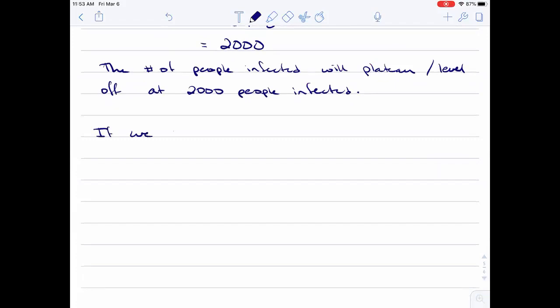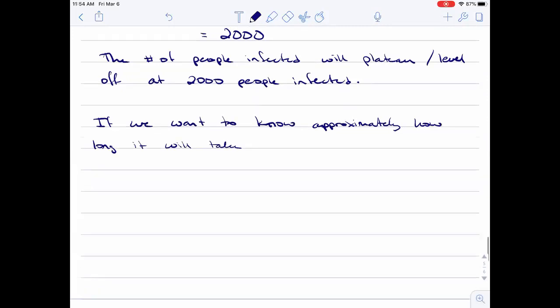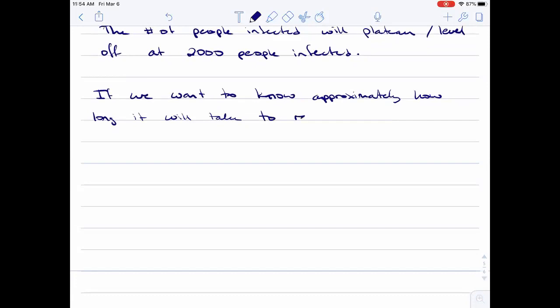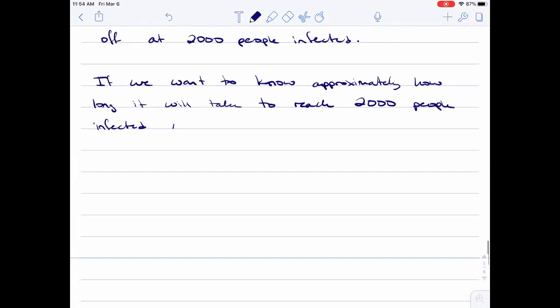So if we want to know approximately how long it will take to reach 2,000 people infected, and I'll put in brackets here, this looks like a horizontal asymptote to me.